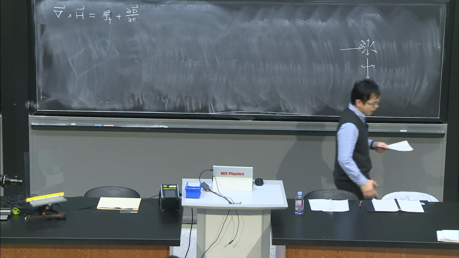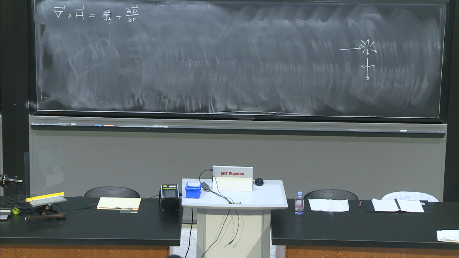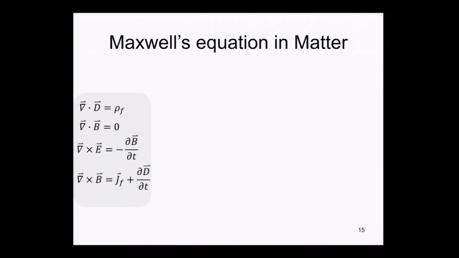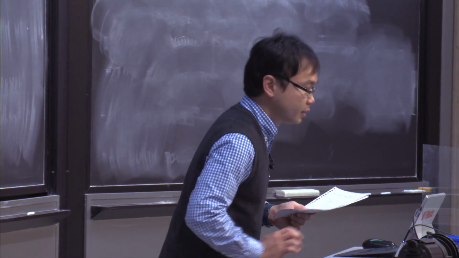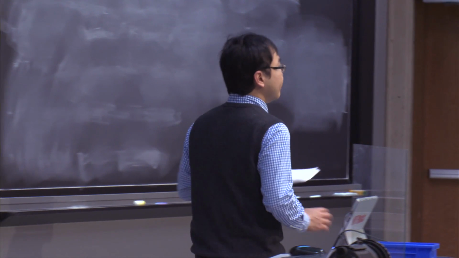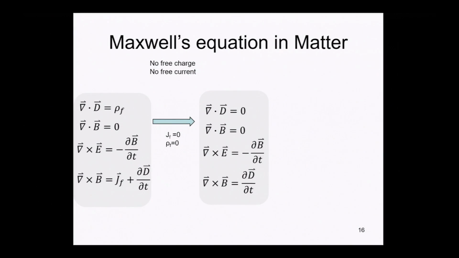So basically we have Maxwell's equations in matter, which are really similar to what we have in the vacuum case. What we actually do is to set J_F and rho_F equal to 0.